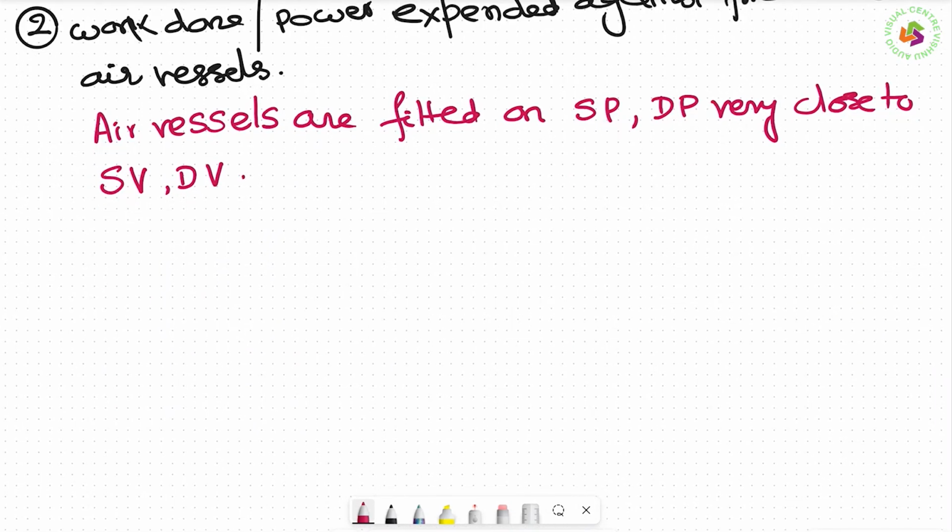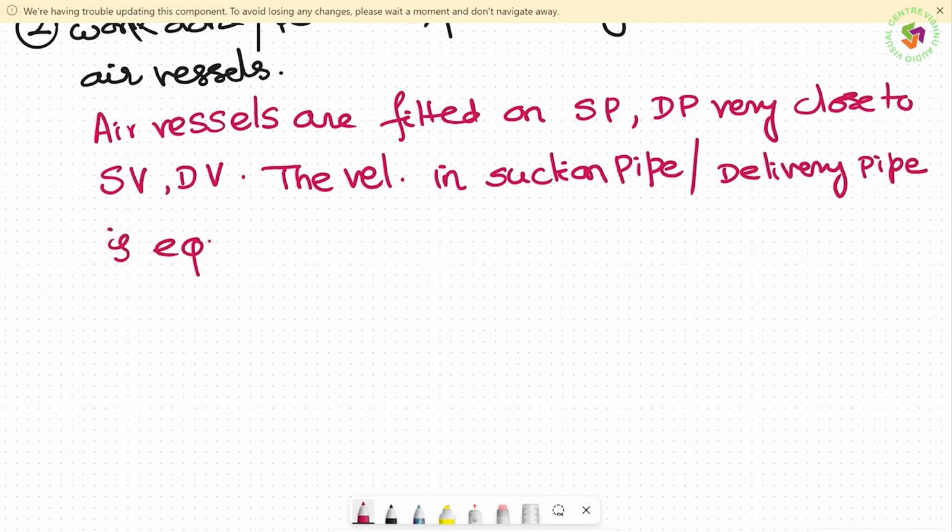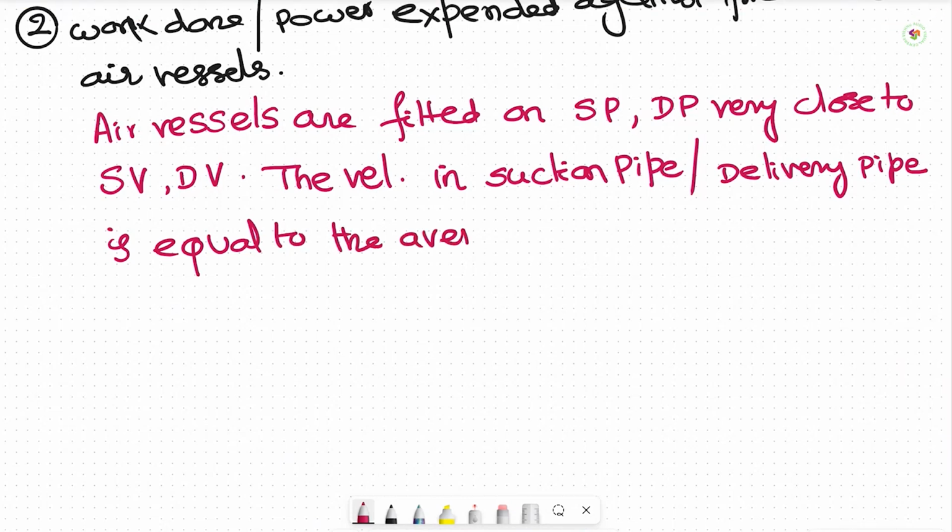Because of this, the velocity in the suction pipe or delivery pipe is equal to the average velocity, and it is constant.